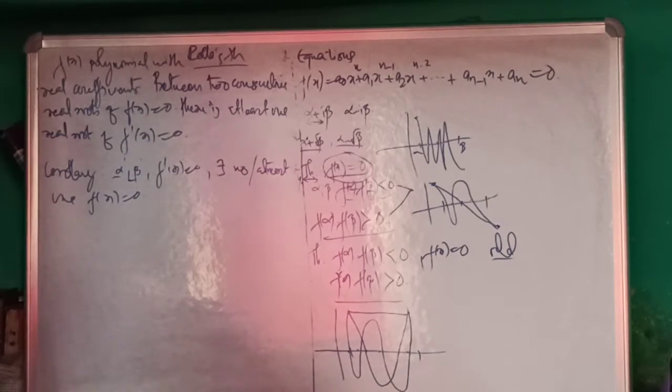So this is one important result. Between two consecutive real roots of f dash of x equals 0, there exists no or at most one real root of f of x equals 0, and that root must be simple, not a multiple root.